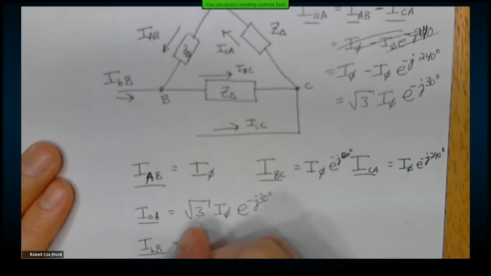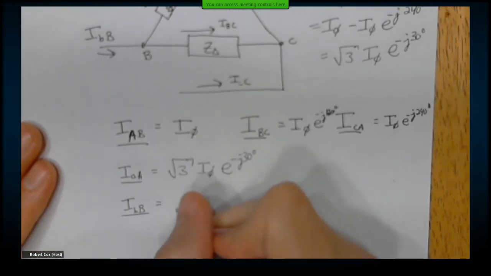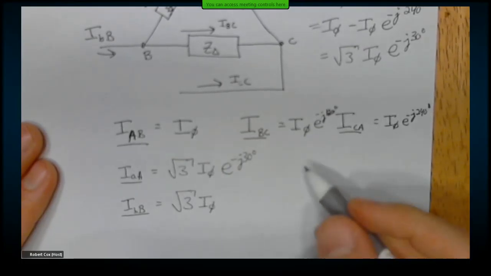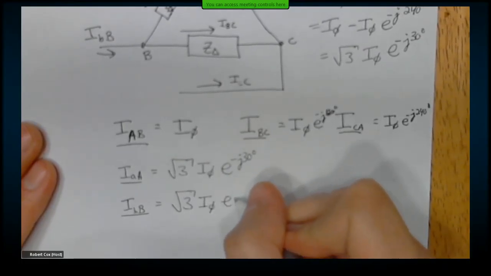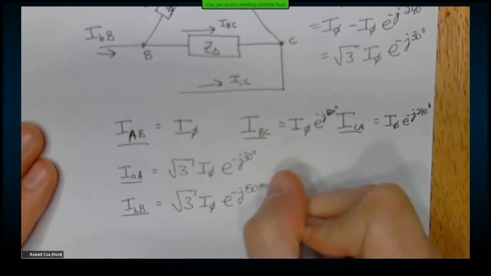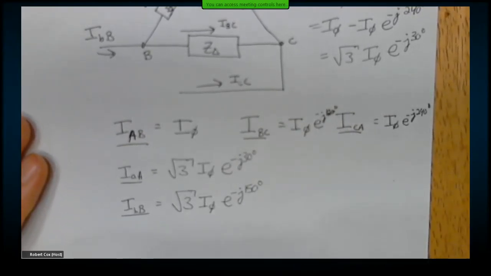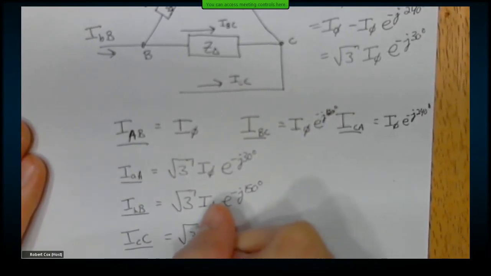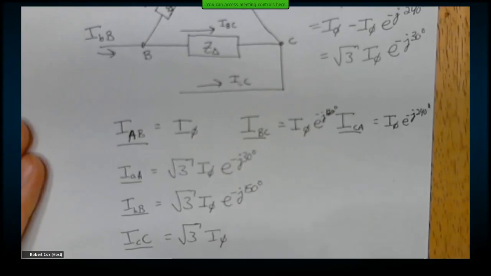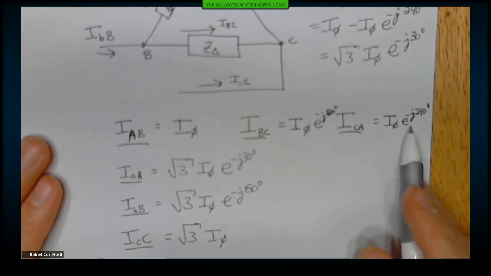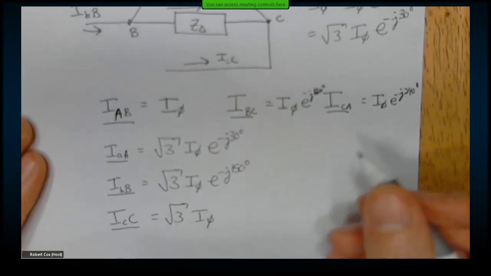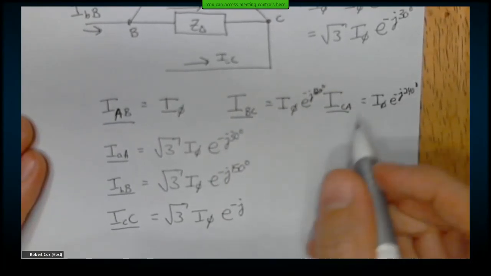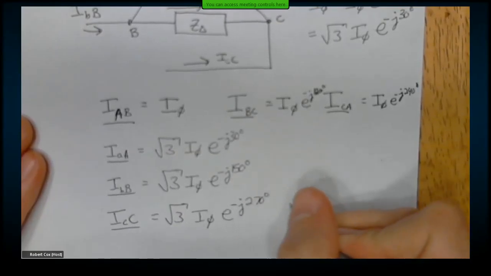IB, the B phase line current, is going to be root 3 I phi, and it's behind this current by 30 degrees, so that gives it a 150 degree phase shift. IC is again root 3 bigger, behind this one by 30 degrees, so that puts its total at negative 240 minus 30, or minus 270 degrees.